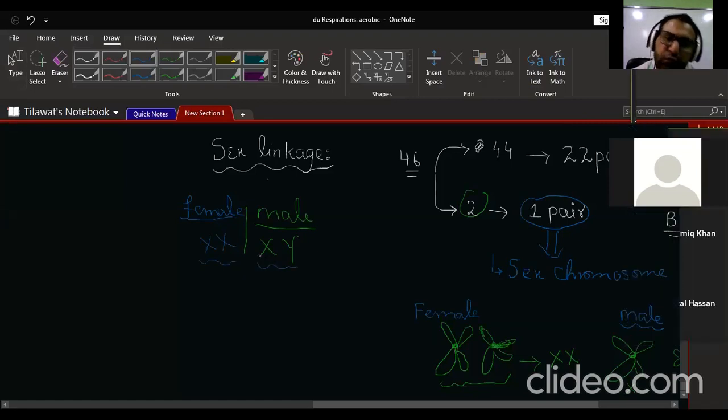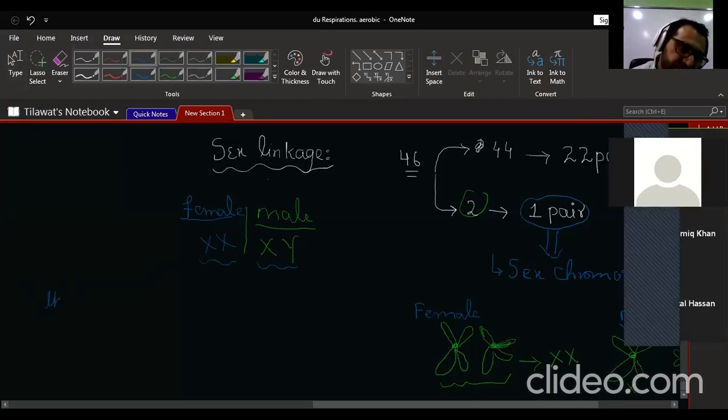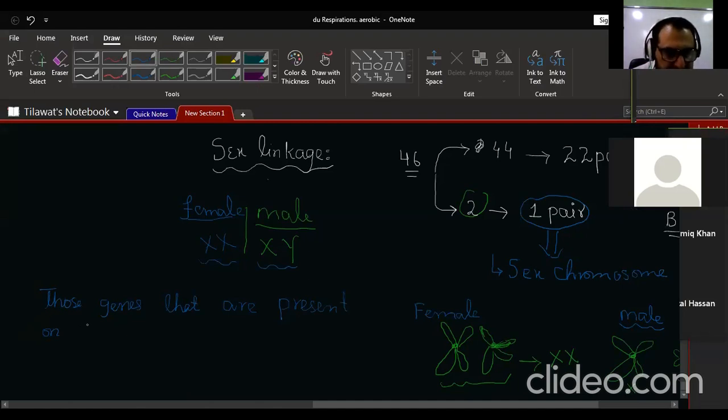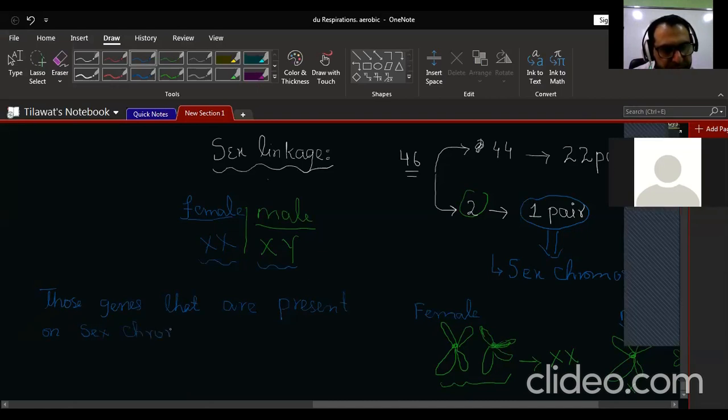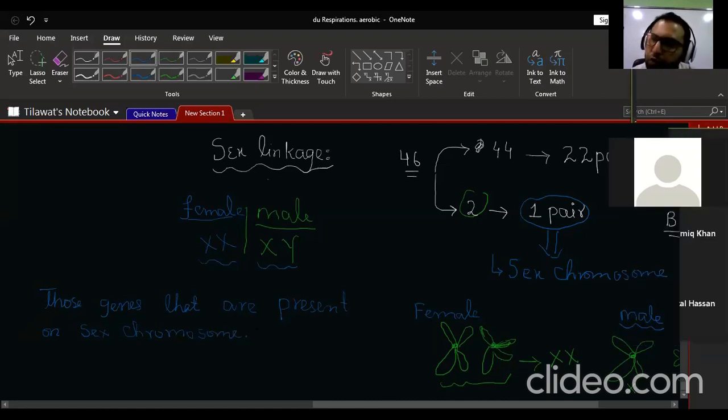Now, what is actually sex linkage? Those genes that are present on sex chromosome, that gene is called what?